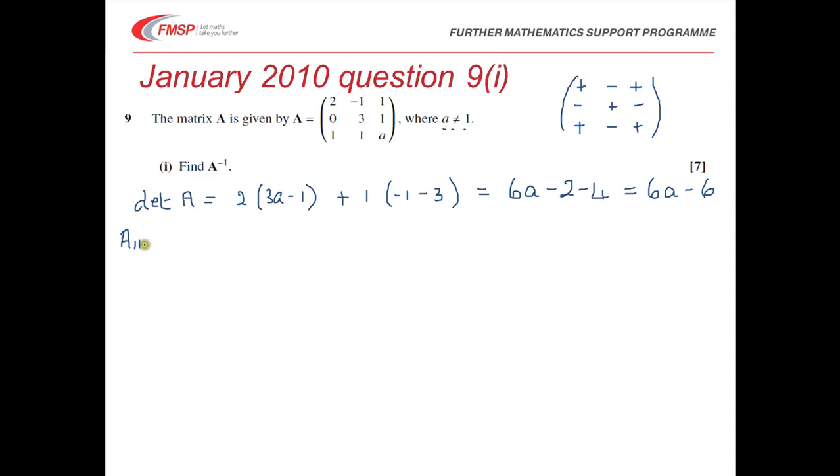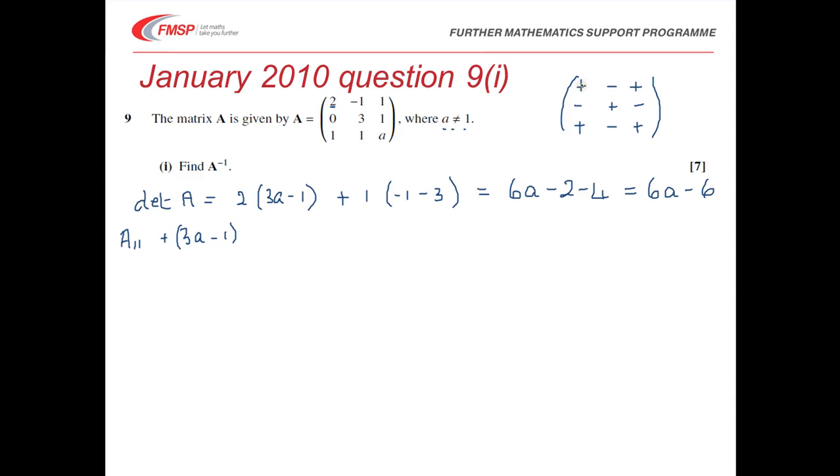The cofactor A11 means that we're taking the 2, so we're referring to this element here. We've already done that in a way when we were finding the determinant. So the cofactor of 2 is going to be 3a minus 1, and it's going to be positive, simply because of our matrix of signs.